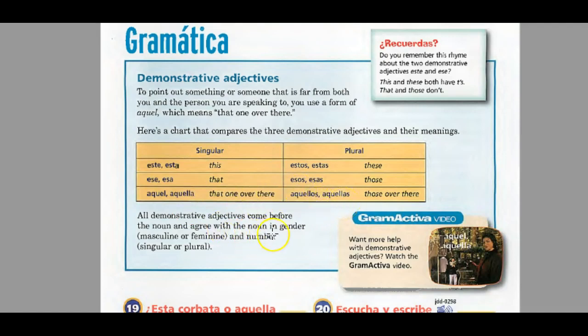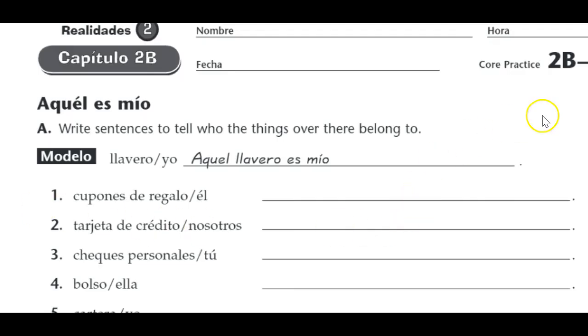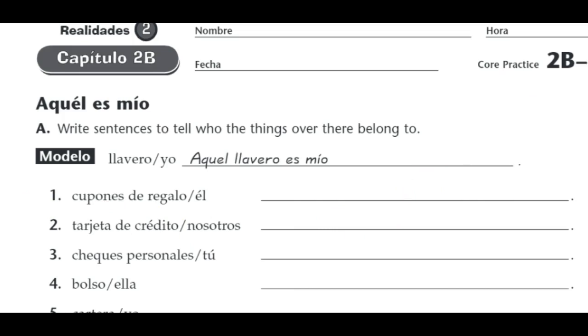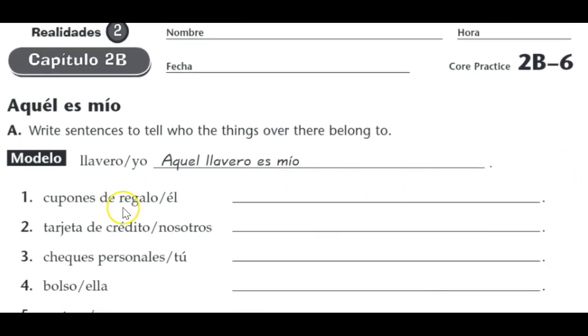All demonstrative adjectives come before the noun and they agree with the noun in gender, masculine or feminine, and number, singular or plural. So now let's take a look back at 2B6 in your student guide. Write sentences to tell who the things over there belong to.